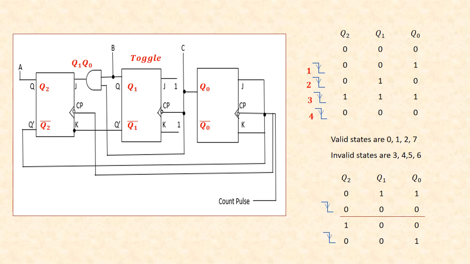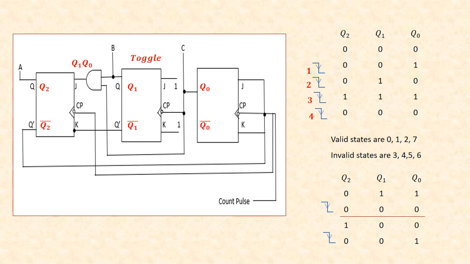Now for the third flip-flop, J is equal to Q1 into Q0, which is equal to 0 into 0. So 0, and K is equal to Q1 bar. Q1 is equal to 0, so Q1 bar will be 1. So for J equal to 0 and K equal to 1, our output will be 0.